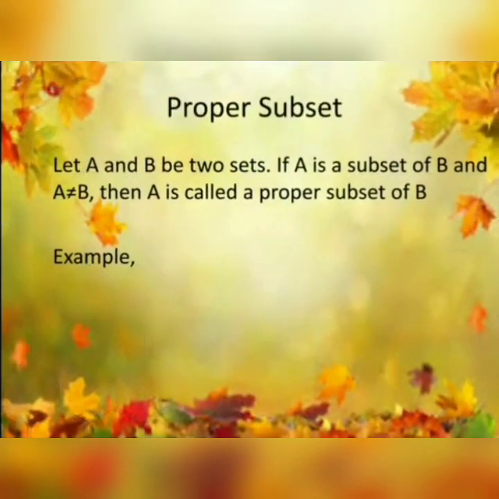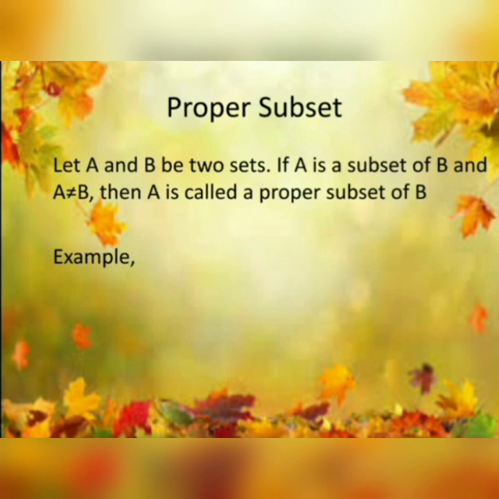Now we learn about proper subset. Let A and B be two sets. If A is a subset of B and A is not equal to B, then A is called a proper subset of B. A and B are not equal sets.